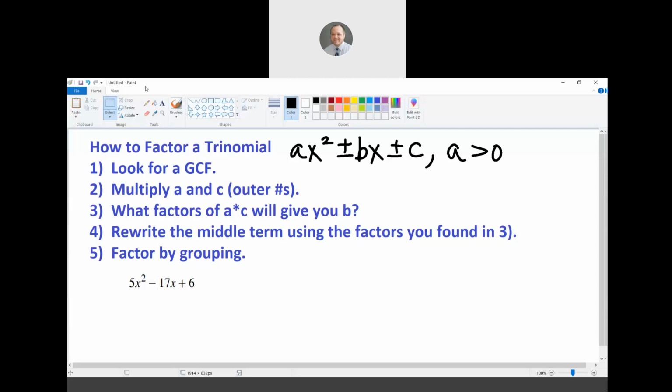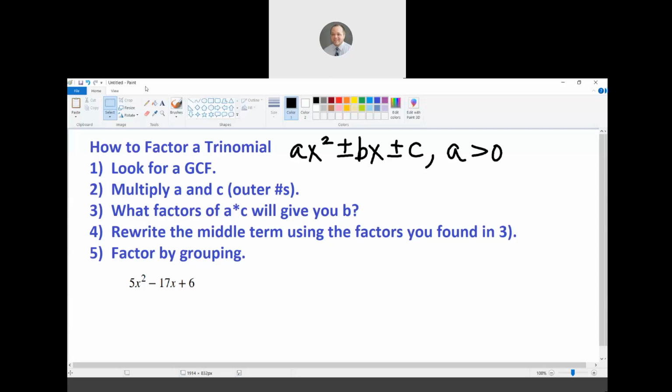Step 2, multiply A and C, or in other words, multiply your outer numbers. Step 3, you ask yourself, what factors of A times C will give you B in the middle?